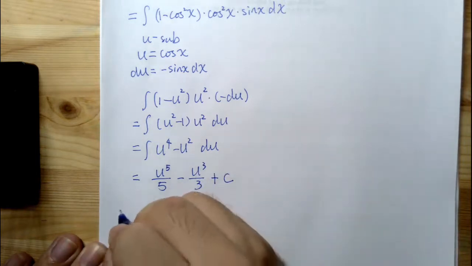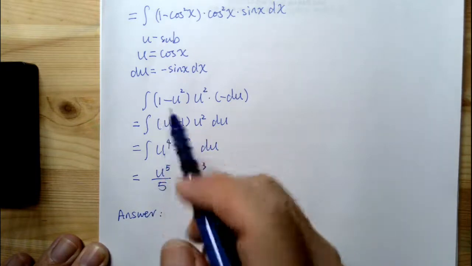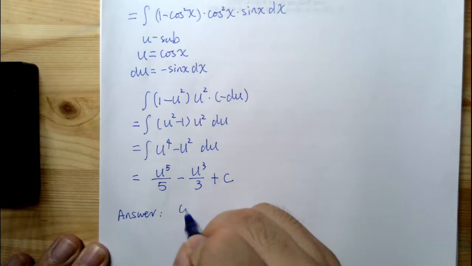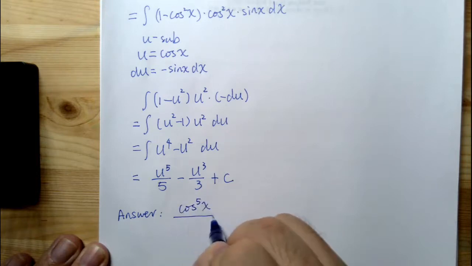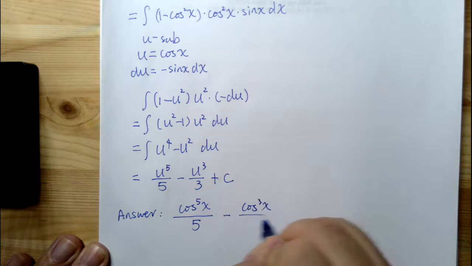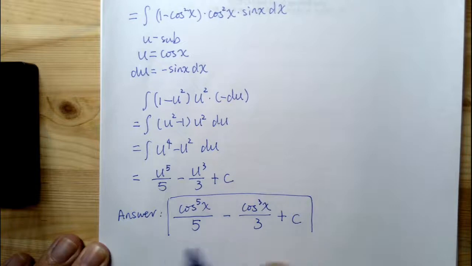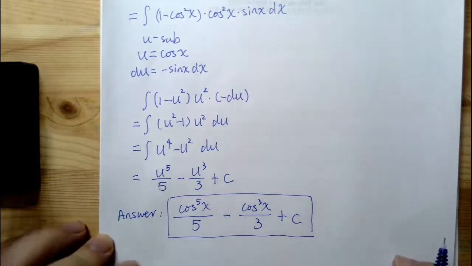Of course, for our final answer, we have to substitute u back with cosine. So cosine to the power of 5 over 5 minus cosine cubed over 3 plus a constant. Okay, so that completes our problem.